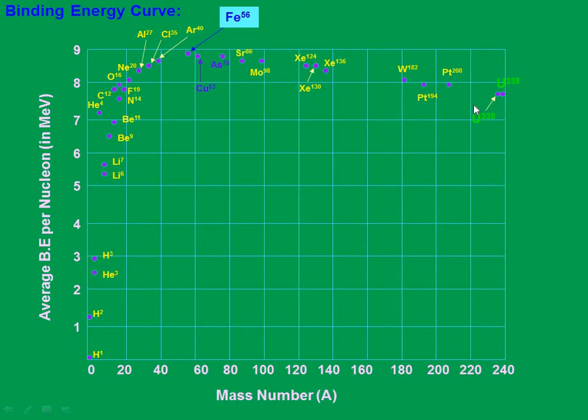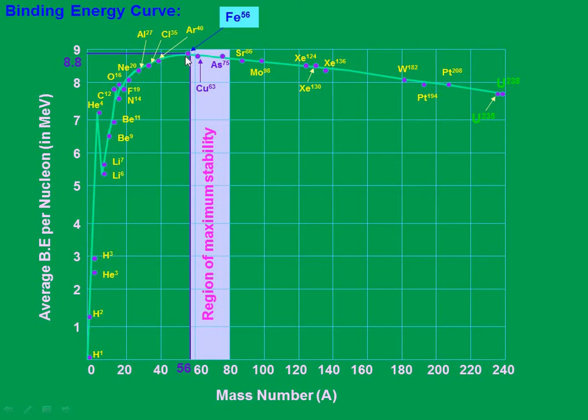Okay, you can notice here, out of this entire graph, iron has the highest binding energy per nucleon. Now if we plot a graph for that, the nature of the graph will be like this. Okay, right. Now let us understand for which nucleus it is more. As I told you already, it is for iron 56.